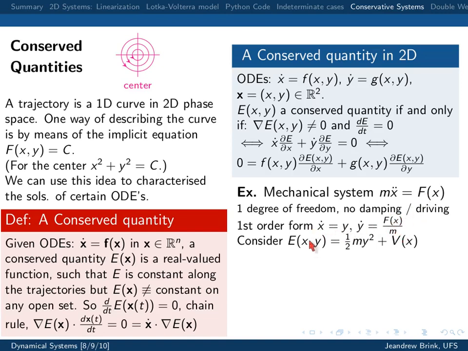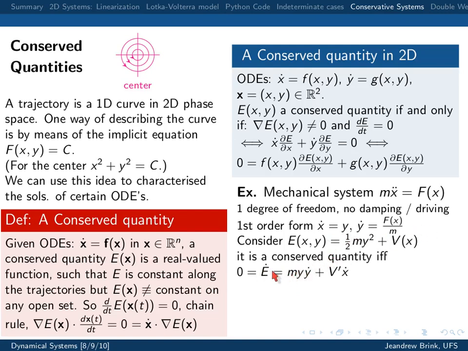Now if you want to find a conserved quantity, let us consider this quantity, and I'll show you why we get it in a while. But for now, let's just illustrate what a conserved quantity is. E of x and y is equal to a half m y squared plus V of x. Okay, so this V is a function we don't yet know. We know from our definition that it's a conserved quantity if and only if dE/dt is equal to 0.